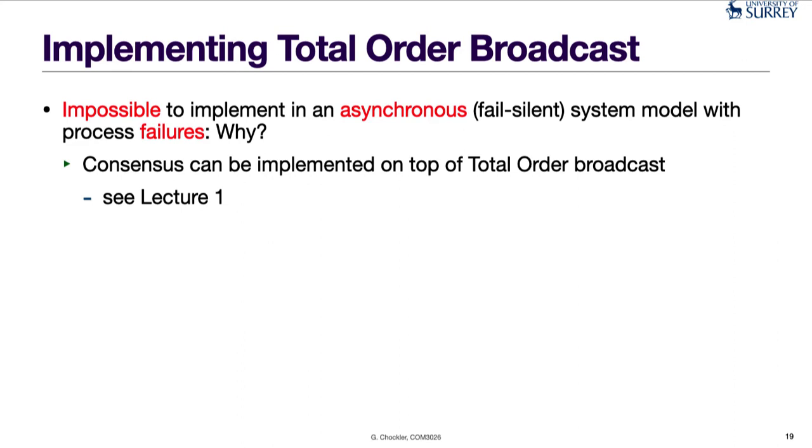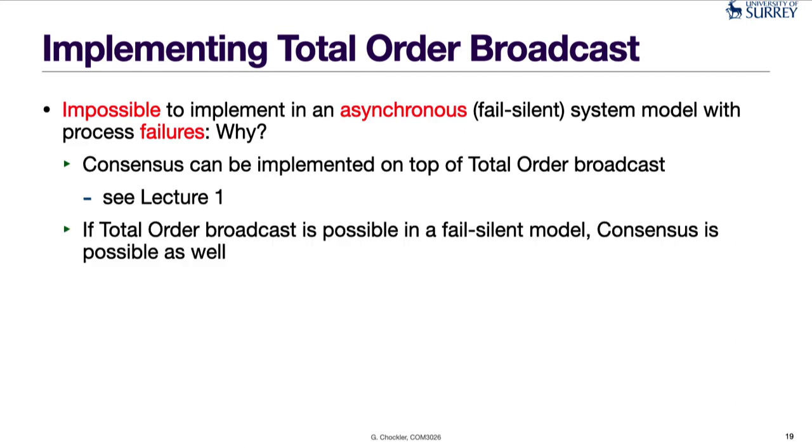Okay, but given that consensus can be implemented on top of total order broadcast, if we have total order broadcast implemented in a fail-silent model, then we can apply the scheme that was used to implement consensus on top of total order broadcast to implement consensus in a fail-silent model.